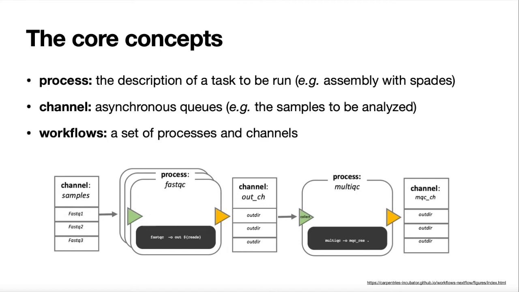And if your hardware allows for it, they are run in parallel, and you don't need to take care of that. It's going to happen magically. So finally, of course, there are the workflows. A set of processes and channels is a workflow, and DSL2 allows you to create sub-workflows to make the code even more readable and reusable.